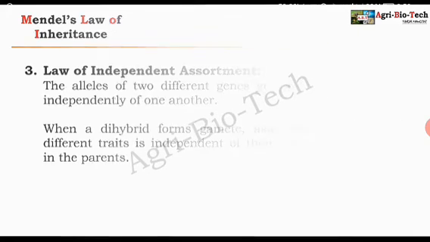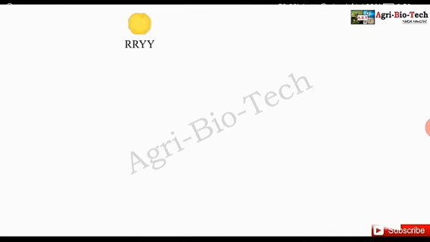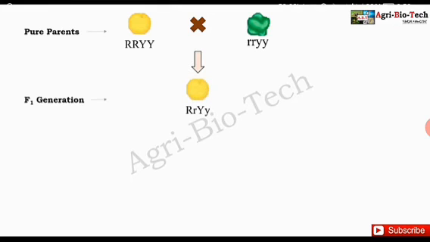First, Mendel selected a variety of plant having round shape and yellow color and crossed it with one having wrinkled shape and green color. That means the color is green and the shape is wrinkled.